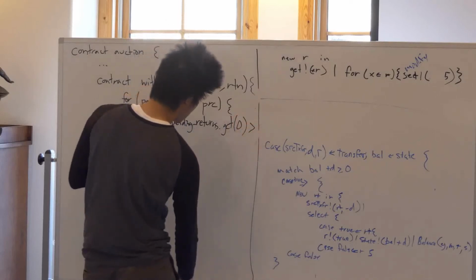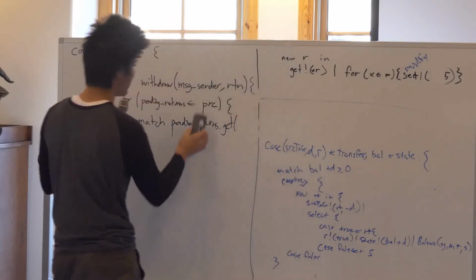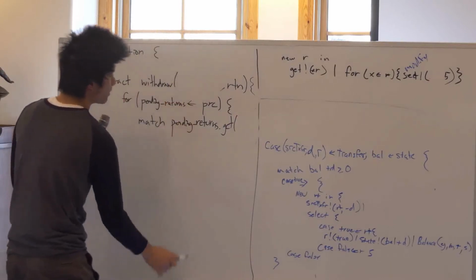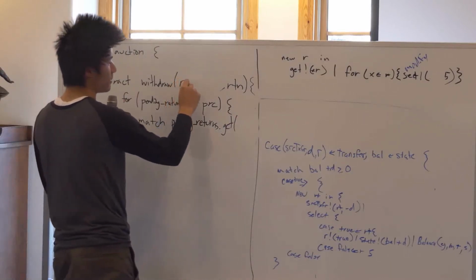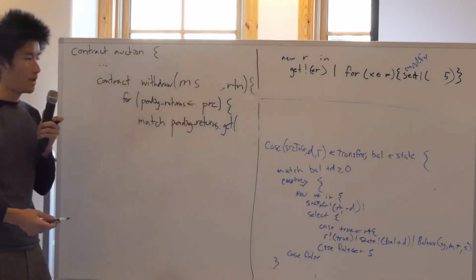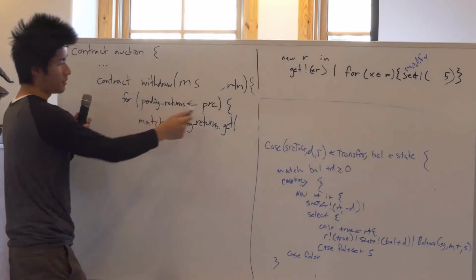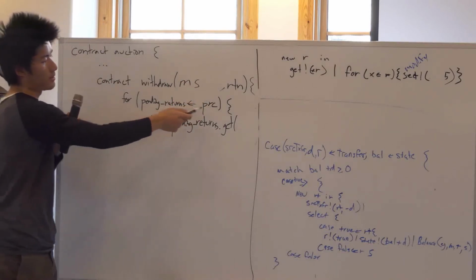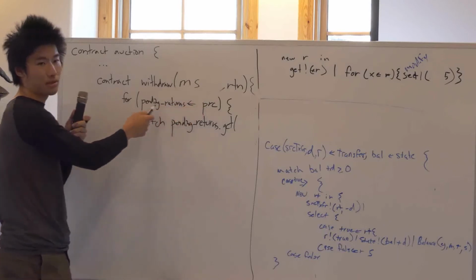The withdraw takes in two parameters, the message sender and the return channel. And we have a table on the pending returns channel, which we just call pending returns.